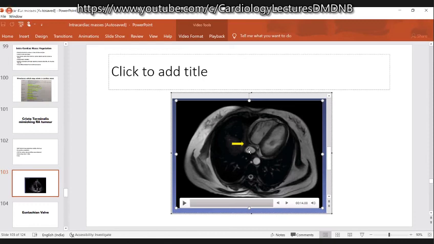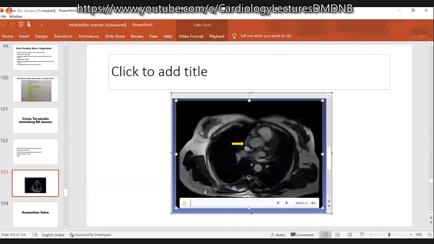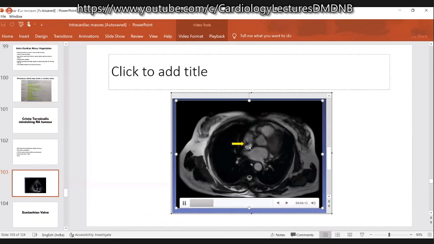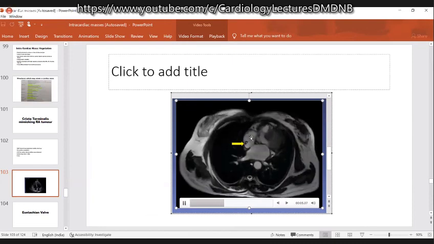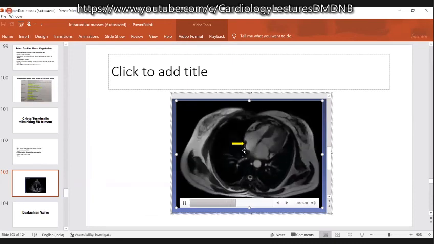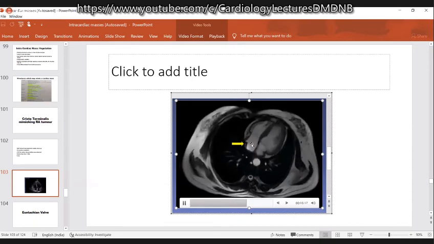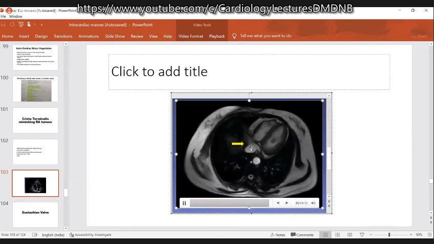We all thought that it could be a tumor, but ultimately when the MRI was done, it was confirmed that it was not a tumor mass, it was only a crista terminalis. You can see this is the crista terminalis seen in the cardiac MRI, and it corresponded to the mass that we saw in the apical four-chamber view. And the patient got operated, and nothing was done to her because obviously it is a normal structure.